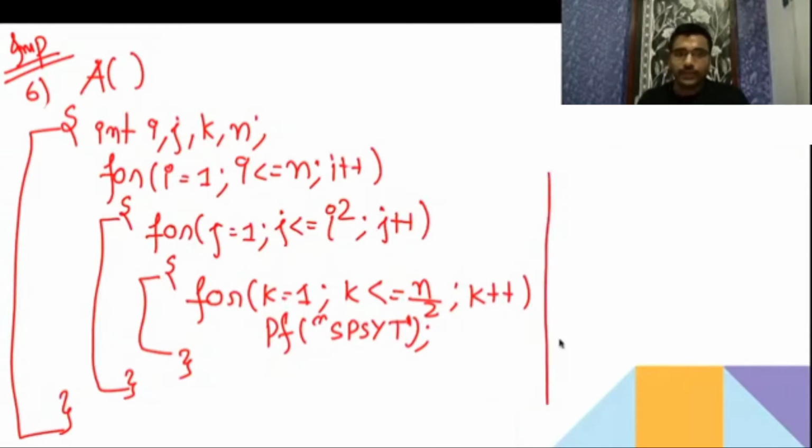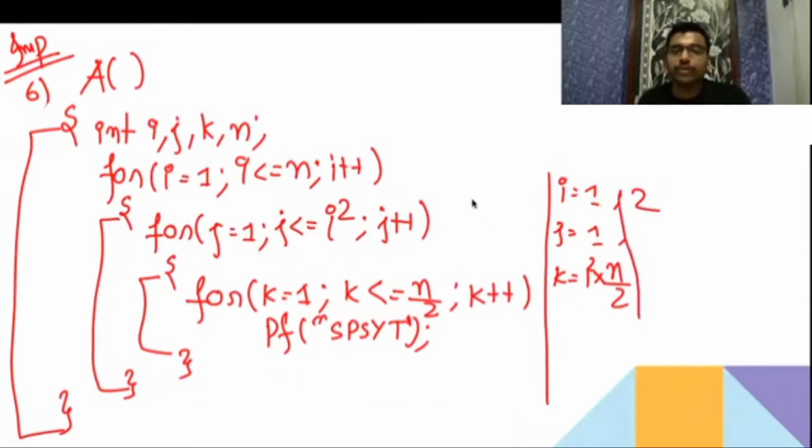So when i is equal to 1, j is going to run 1 time, and k is going to run 1 into n by 2 times. When i is 2, j is going to run 4 times, so that is 2 square into n by 2 times, because k always goes from 1 to n by 2, incrementing by 1.